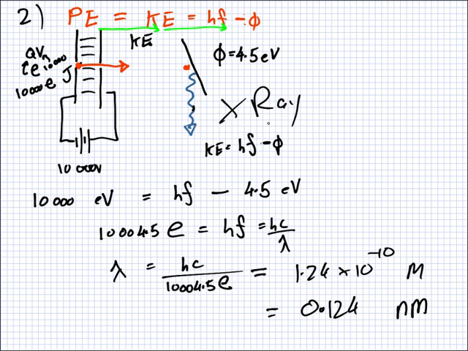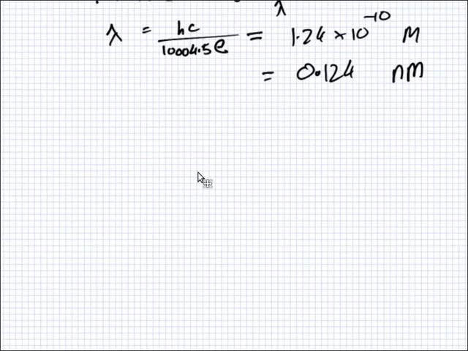Okay, continue? Question 3. A very interesting question indeed. Suppose an electron is in orbit of a proton and the electron is viewed as behaving like a wave. So it's behaving like a wave there in the picture.